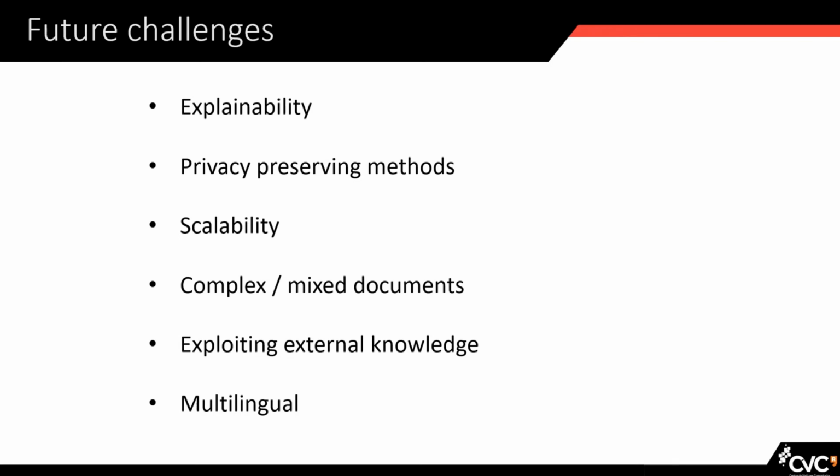Also, privacy-preserving methods. Is it possible to train with private data? There are a lot of companies who have a lot of data they cannot share. So can they train these methods, and then what can they do with these methods? For example, as before, some methods answer just given the knowledge they have learned before. So how much does the model know already?